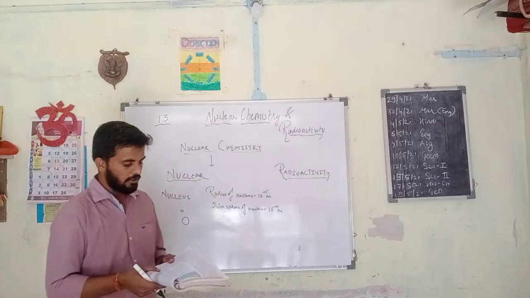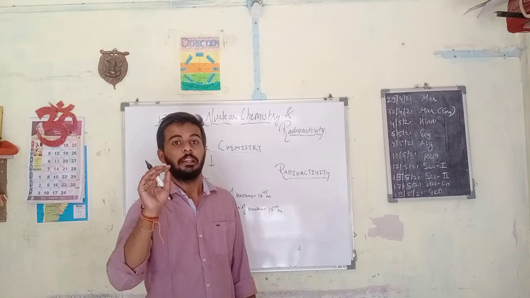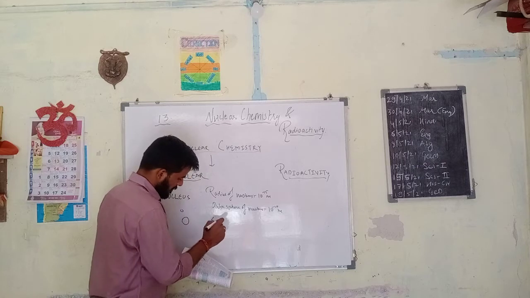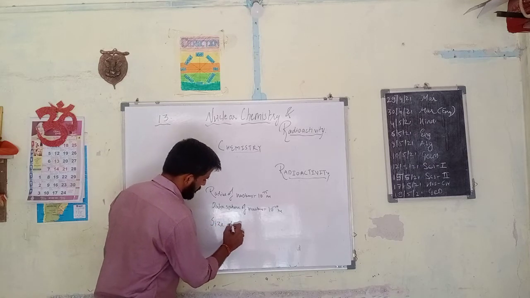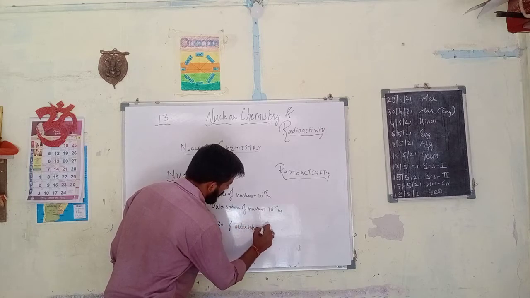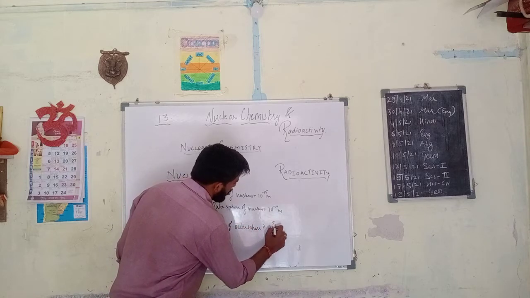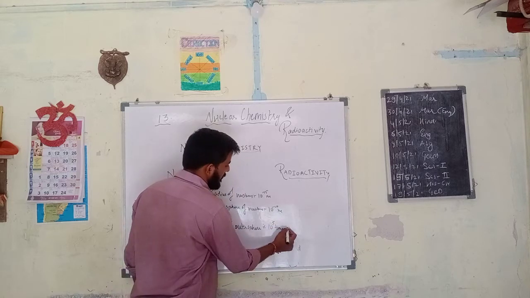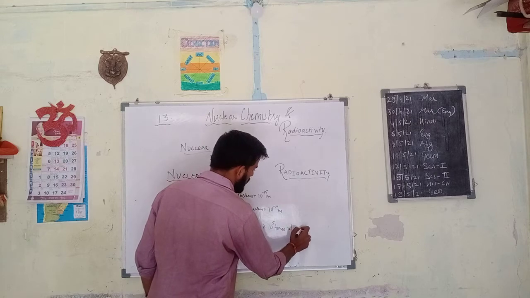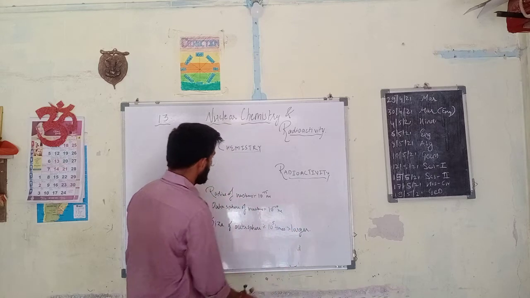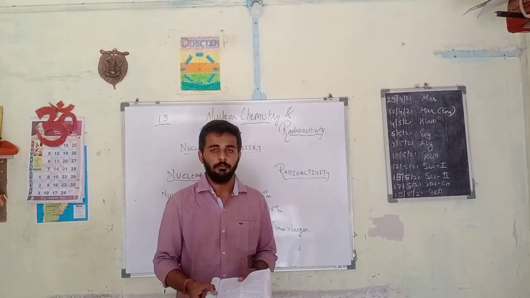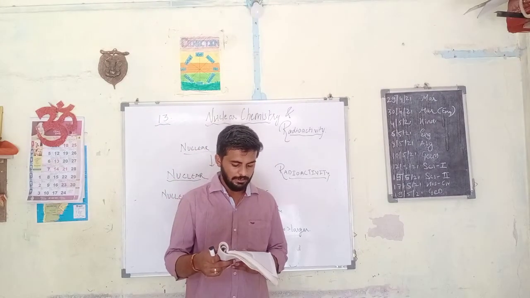The size of the outer sphere is 10 raised to 5 times larger. So this is a basic introduction of what a nucleus is.